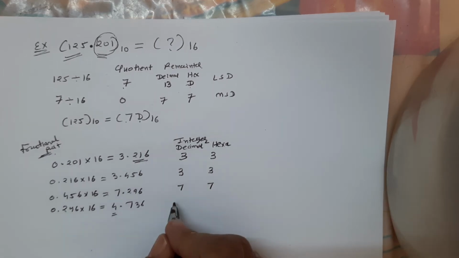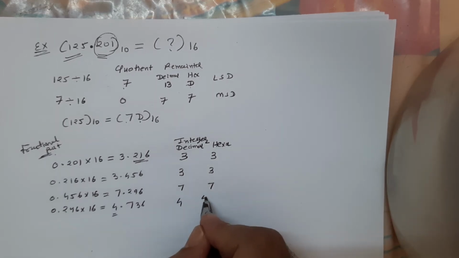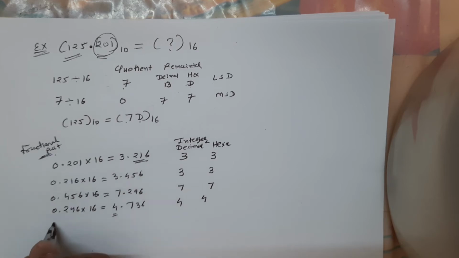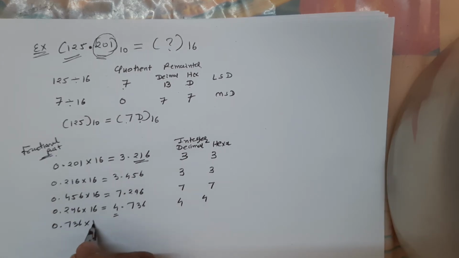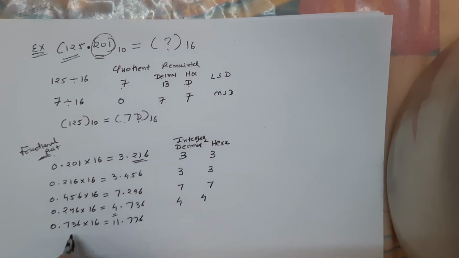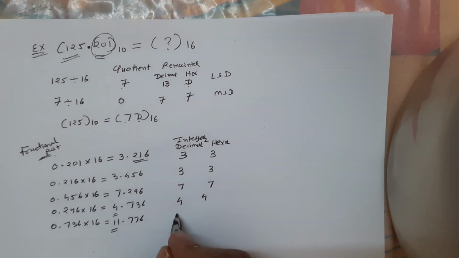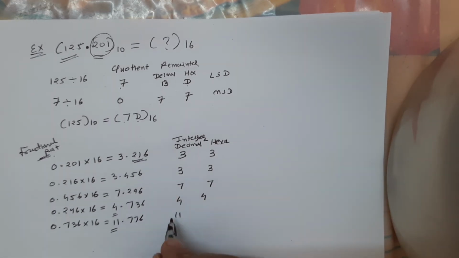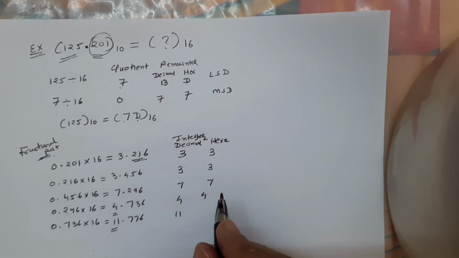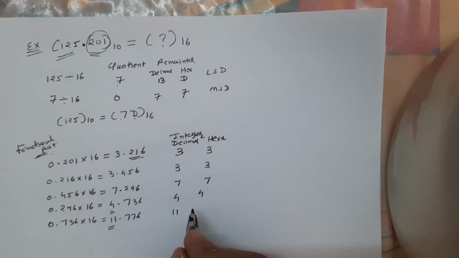This is your 4 and hexa is 4. This 0.736 multiplied by 16 is equal to 11.776. This 11 is your decimal, and 11 is more than 9: A, B, C, that means B.